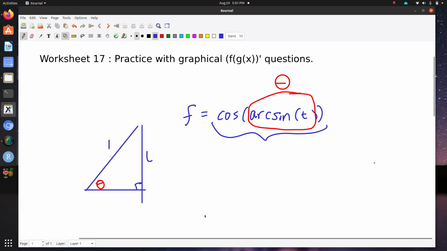Well, sine is y over r, so that triangle has a sine of t, which means if you reverse engineer what has to be on this side, using a squared plus b squared equals c squared, you have to figure out what's on the other leg. So what is the cosine of theta? Well, it must be the square root of 1 minus t squared.